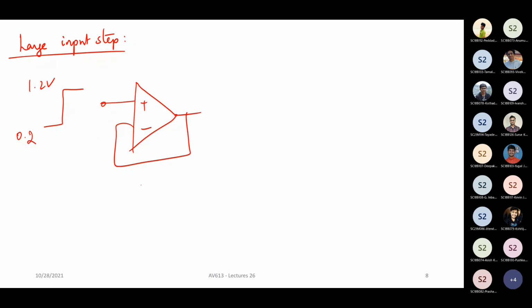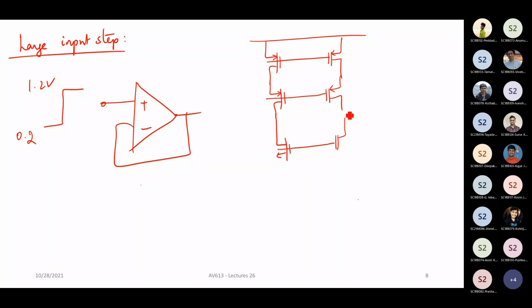Now, when this step is going to happen, I'll just explain with the fully differential case. The same kind of applies to the single-ended case as well. So here your output is shorted like this. Now what will happen?